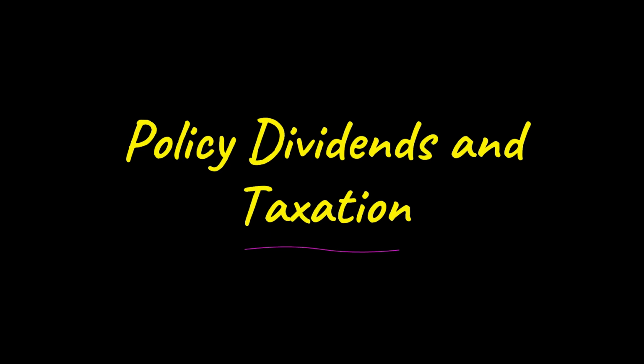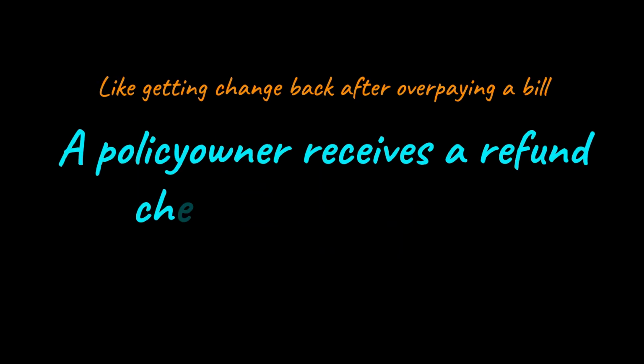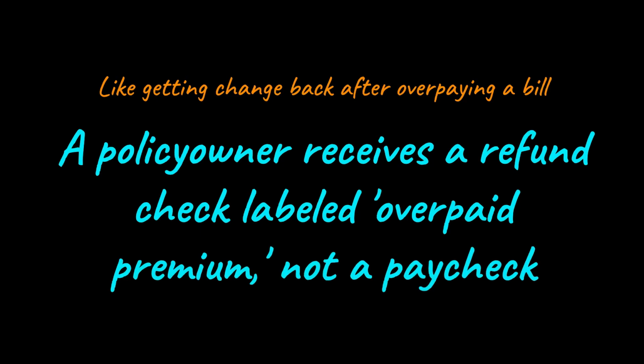Mutual insurers are owned by their policyholders, not outside investors, and that changes how their dividends are taxed. When surplus remains after claims and expenses, the insurer returns part of it to policy owners as a policy dividend. Insurers deliberately overcharge premiums as a cushion for safety, and when the year goes better than expected, that extra money comes back to you.